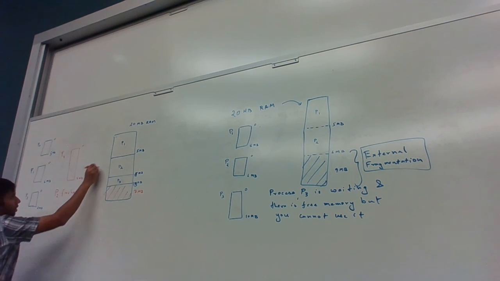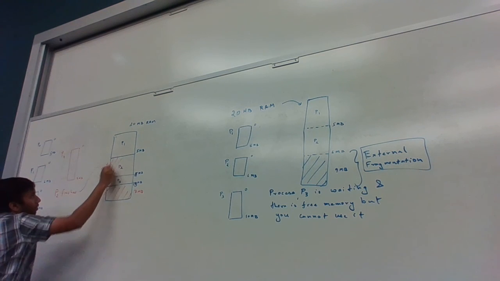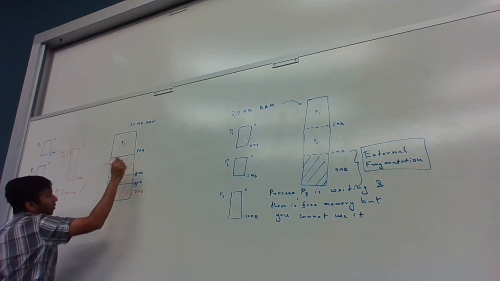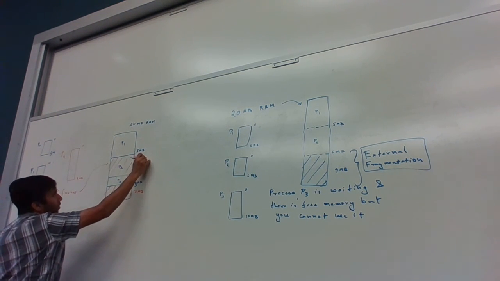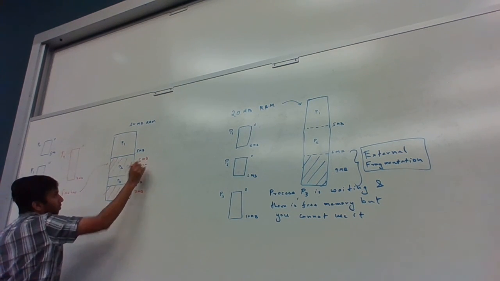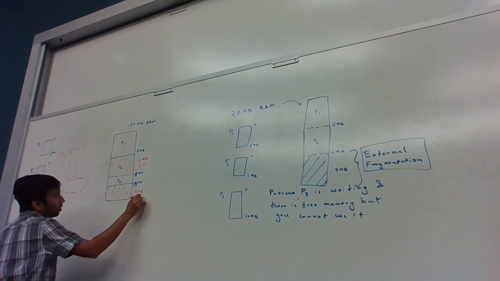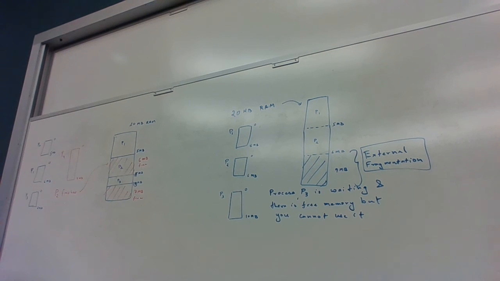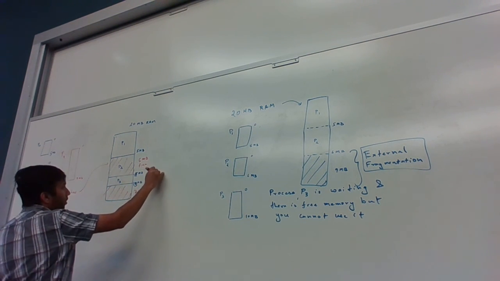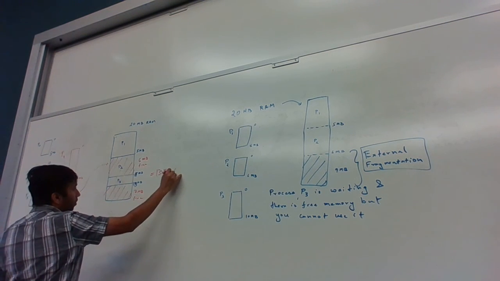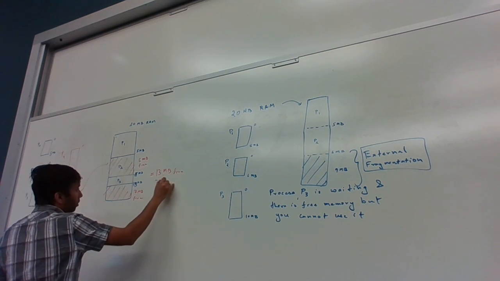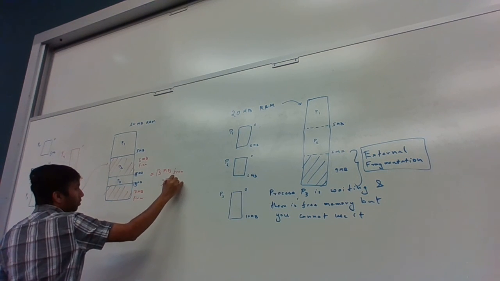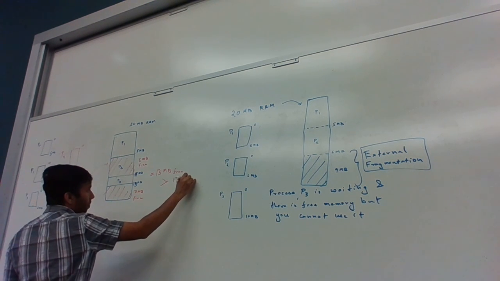If P2 finishes, then this is free. So this is how much? 6 MB free you have. This is also free. So how much total memory is free? 13 MB free memory, which is greater than P4's 8 MB.